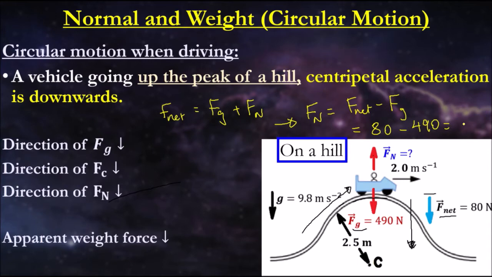That gives us negative 410 newtons, which makes sense, right? 410 is clearly smaller than 490. So the mathematics shows us why we feel less weight force as we reach the very top of that curly road. Okay.